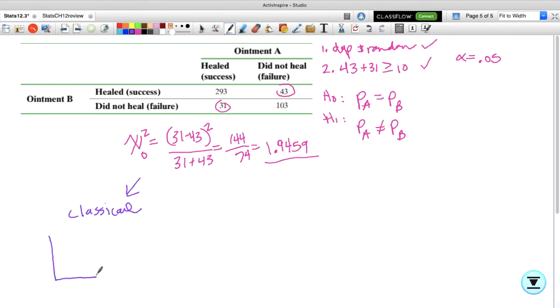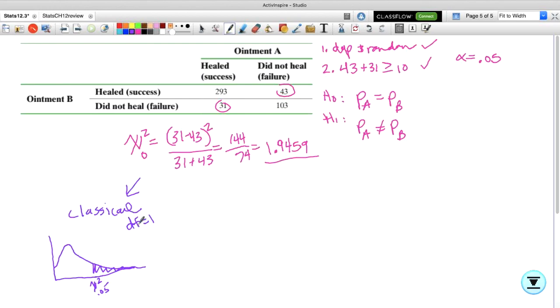So for classical, because we're dealing with chi-squared, we're going to draw our distribution skewed to the right. There's our distribution. We're going to find the chi-squared value for 0.05, and we're going to use 1 degree of freedom. We always use 1 degree of freedom when we're dealing with dependent random sampling.